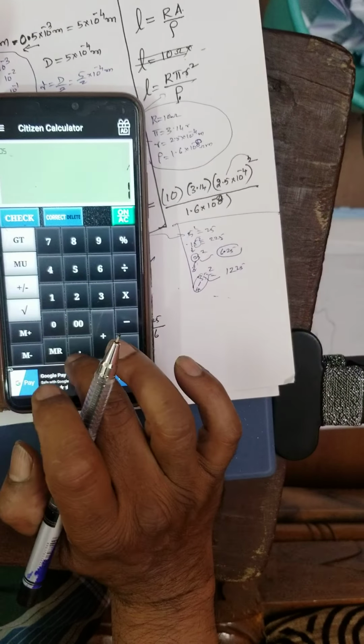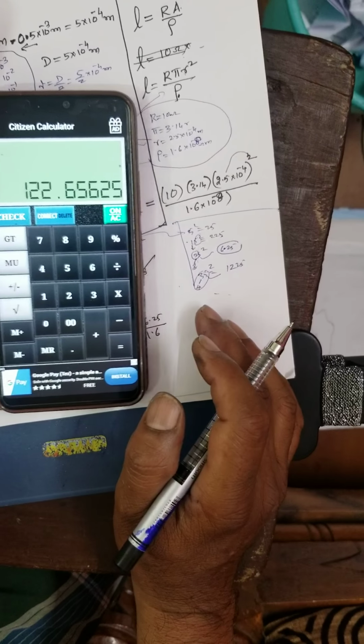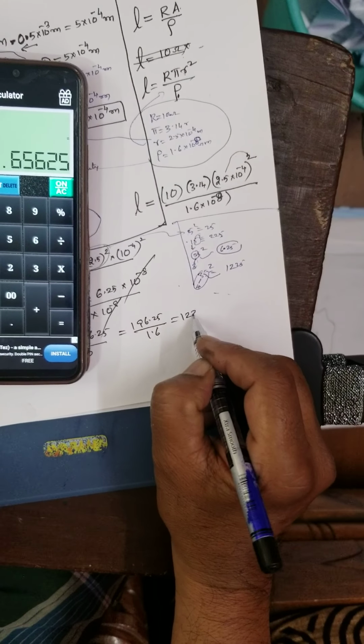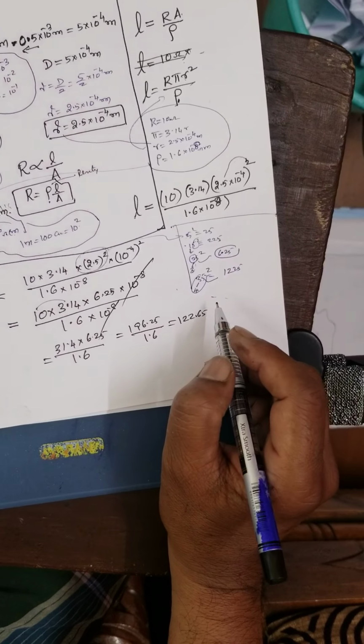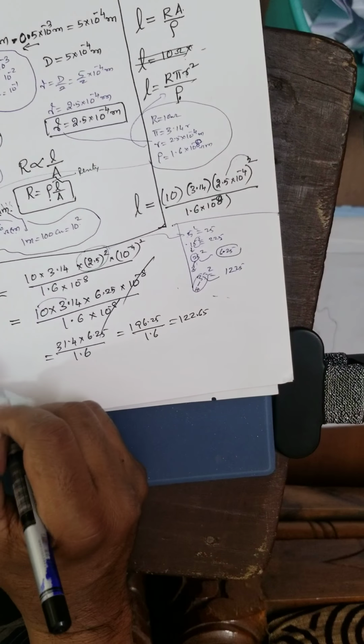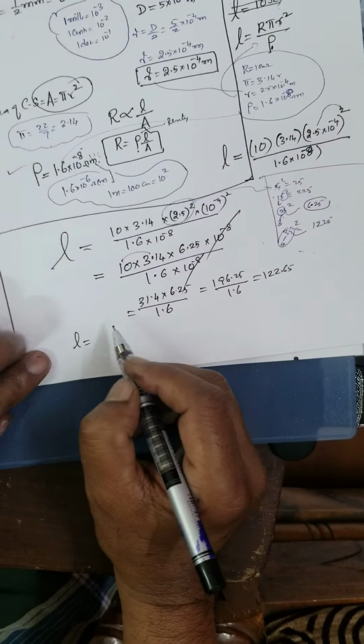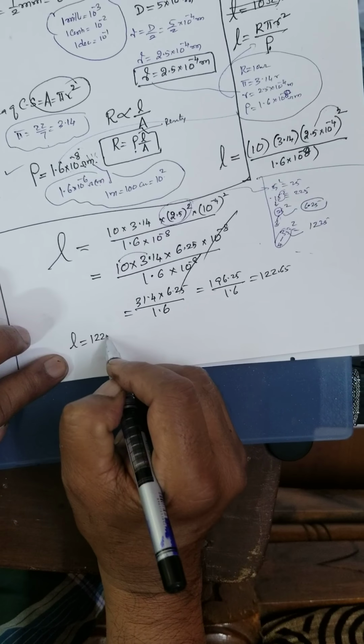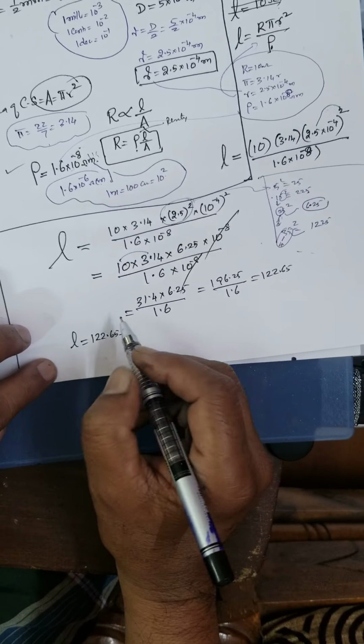The value is 122.65. Therefore, what is the length of the conductor? 122.65 meter.